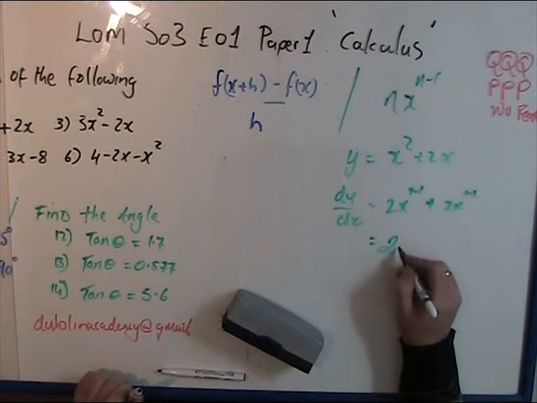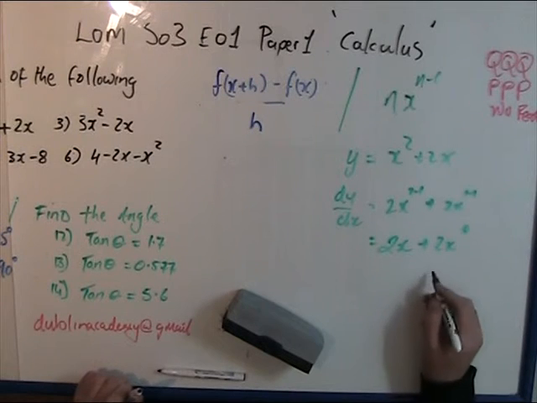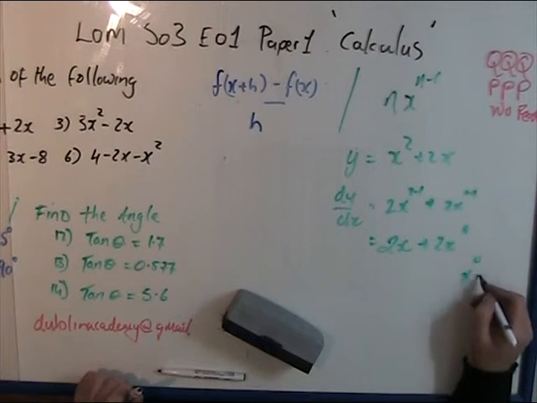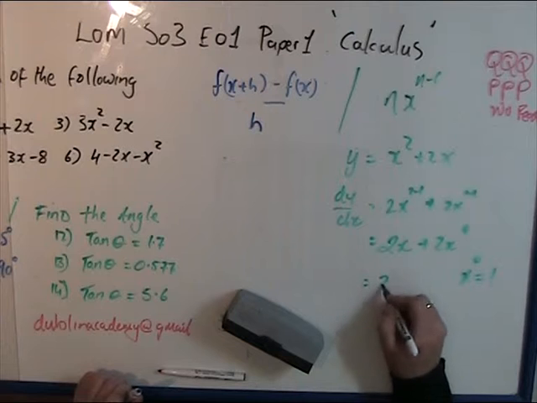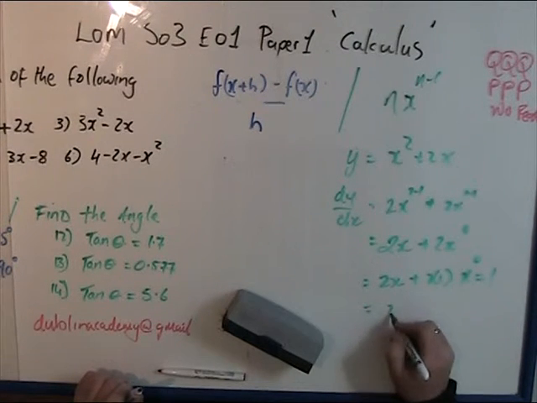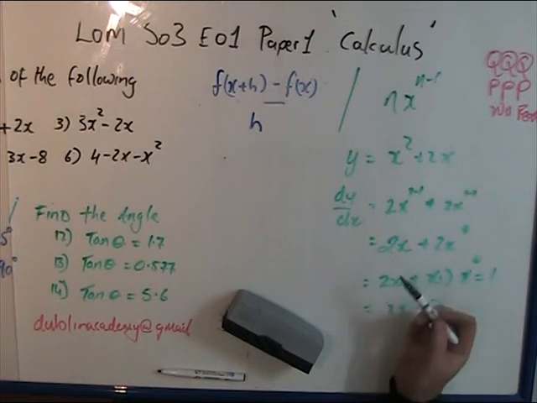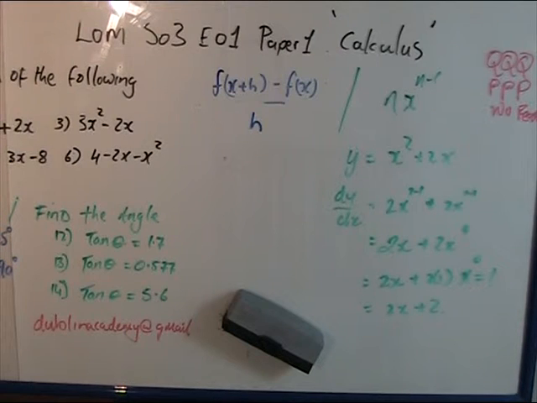So we're left with 2x plus 2 times x to the power of 0. Anything to the power of 0 is equal to 1, always. So left with 2x plus 2 times 1, which is equal to 2x plus 2. I hope you can see this. This green pen isn't the best, but you can follow it down there.